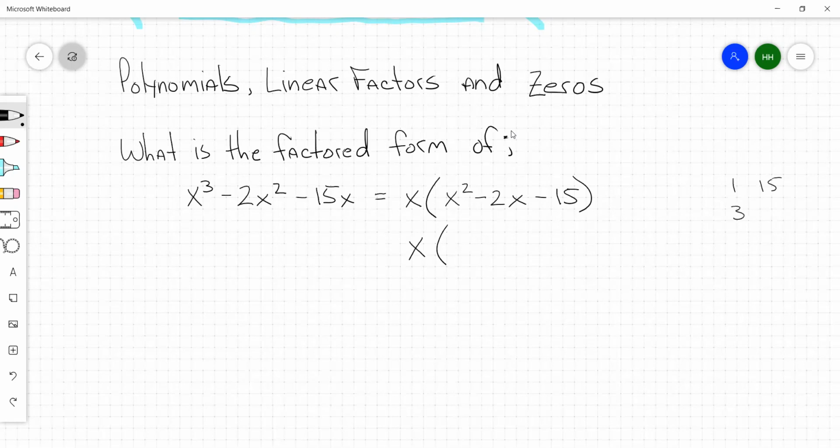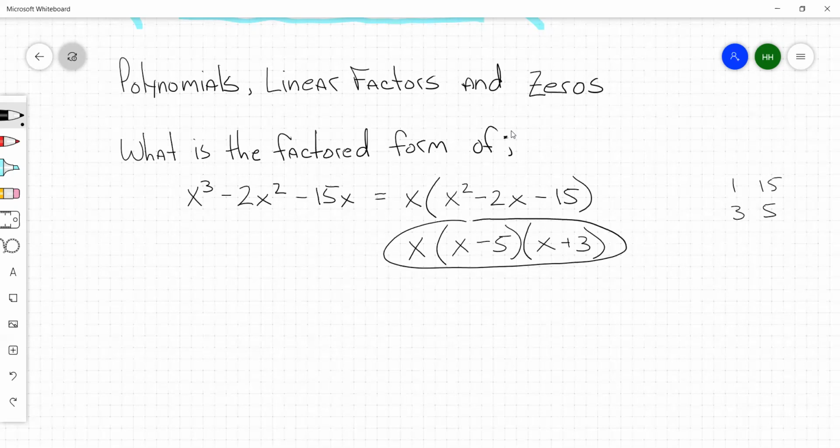You got, what, 3 and 5, and that's it. So the 3 and the 5 will combine to the negative 2. So we go x minus 5 times x plus 3. So right there is your factored form of this initial trinomial. So we got x times x minus 5 times x plus 3.